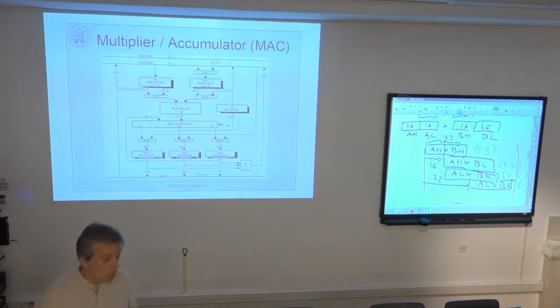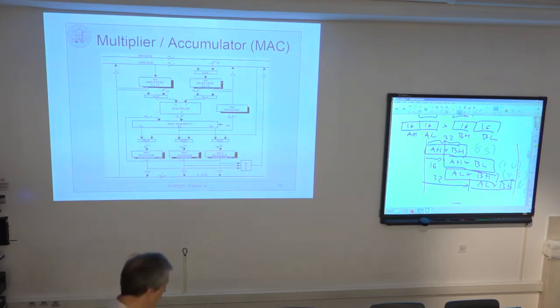And if this MR2 is 8 bits wide, then it means I can add 256 such products without worrying about the overflow. I have sufficient width on the left side to capture the proper value of the sum of 256 products.